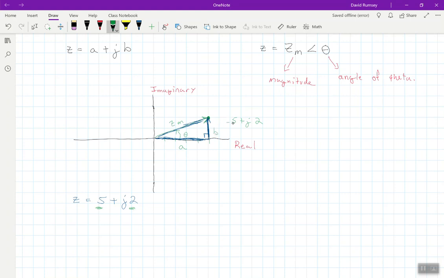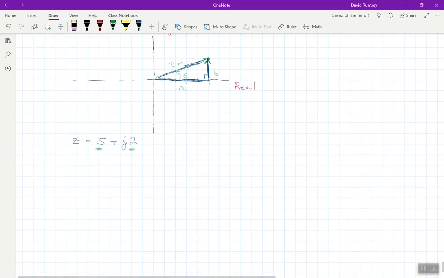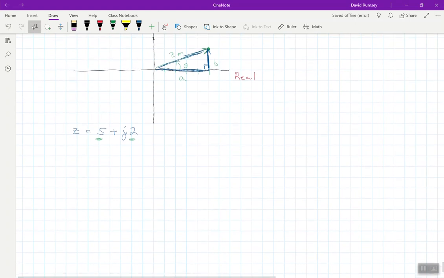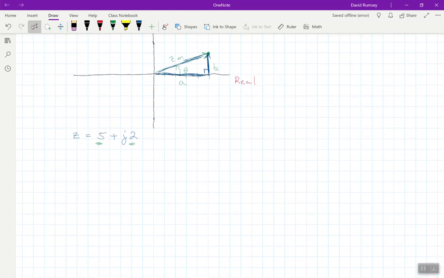Let me erase this here so I don't really need that right now. And so we can come up with some simple equations on how to convert between them. It doesn't really matter which one we discuss first, so let's do polar to rectangular.